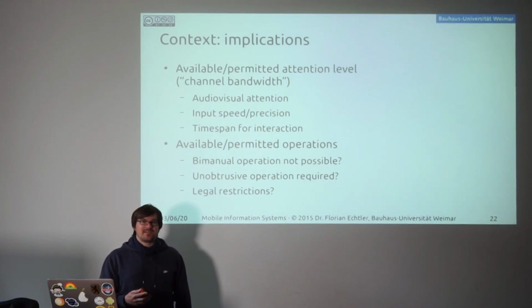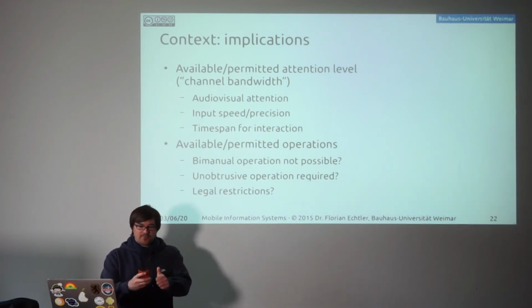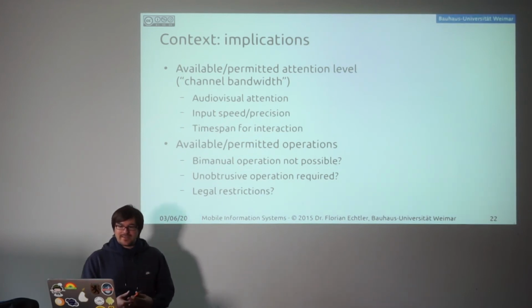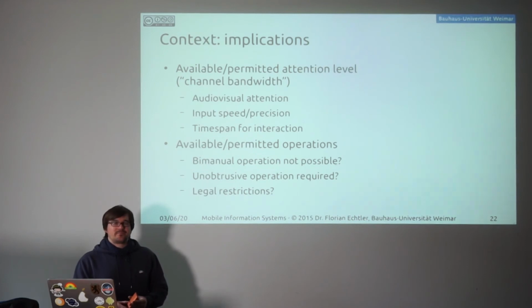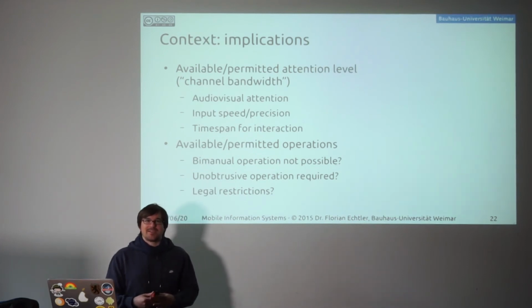That means, can the user look at the screen at the moment, or do they have to look someplace else? How much speed can they devote to inputting data? Can they type with 2 fingers, or can they just use one hand? How much time do they have available to interact? Can they devote 5 minutes to a task, or only 5 seconds?